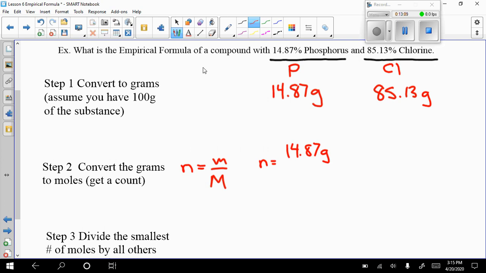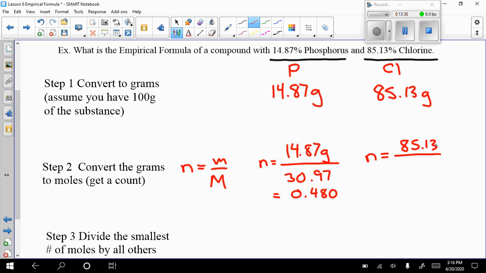I look up on my periodic table and the molar mass of phosphorus is 30.97 grams per mole. When I do that calculation, I get 0.480 moles.